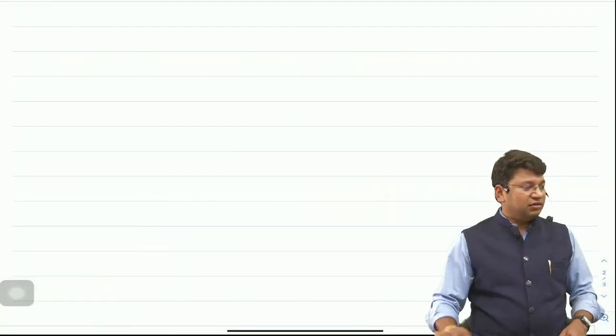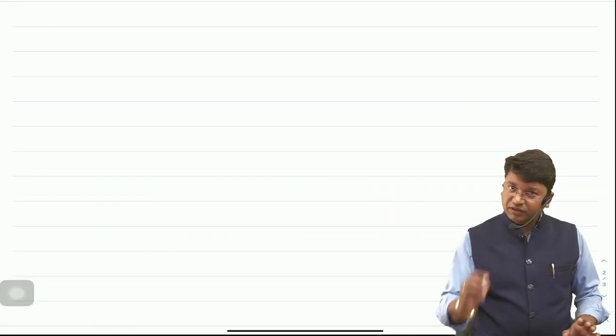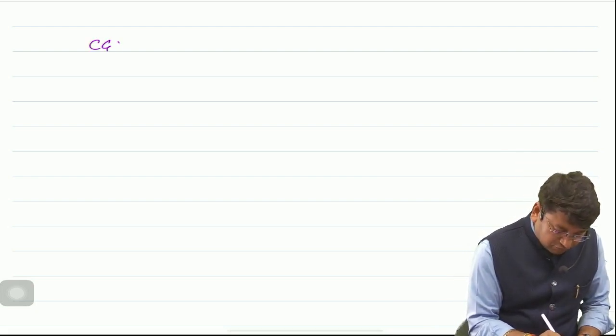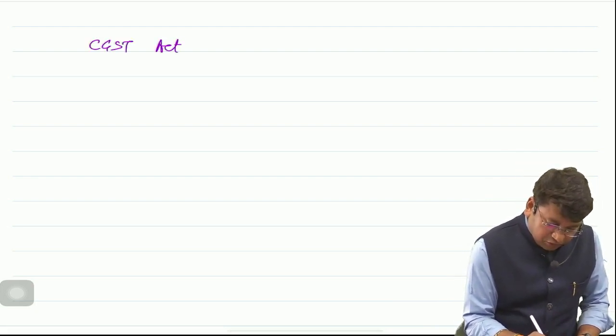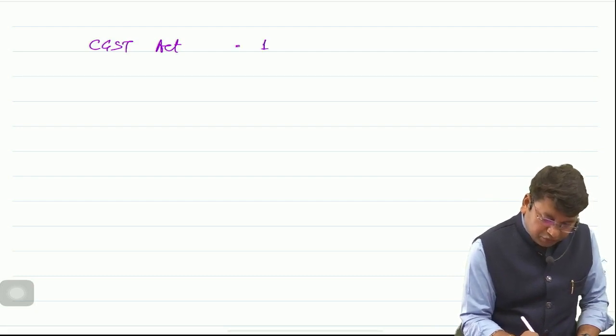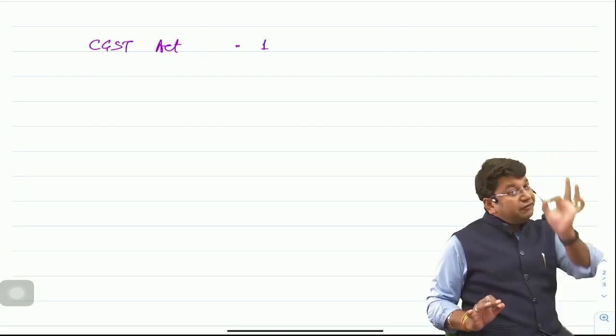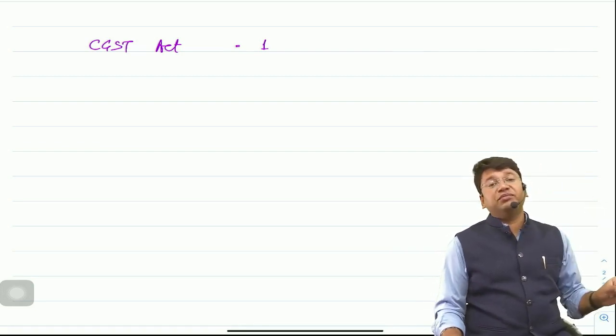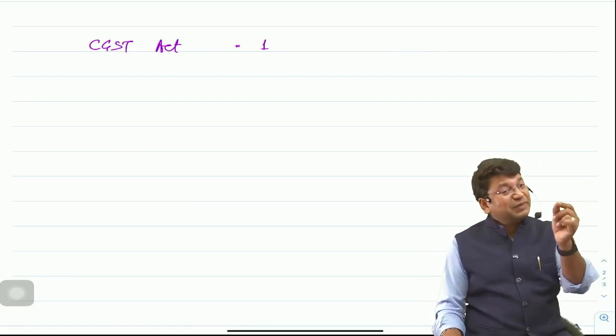See, what I am talking about is that, suppose one CGST Act is formed, and all the state governments are told that you also frame the same act in your respective states.